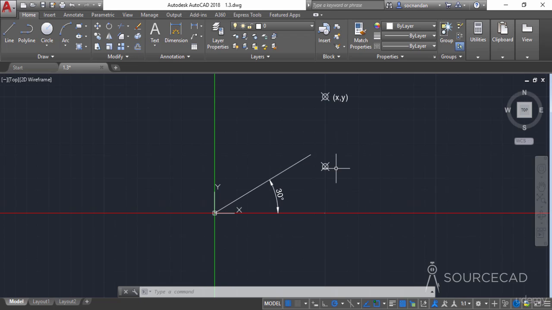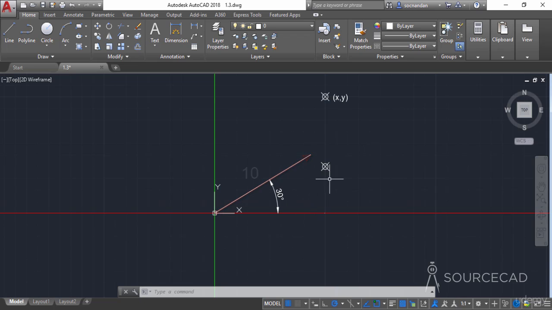Now if you want to use the polar coordinate system, you can do that as well, and I've made a geometry here. This line starts from the origin and the length of this line is 10 units. This line is also inclined at an angle of 30 degrees.